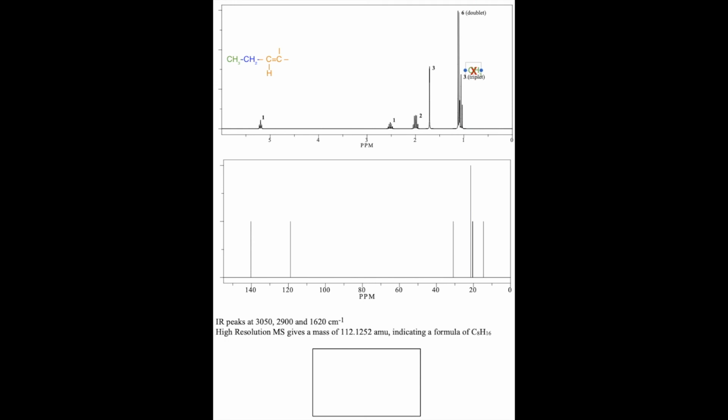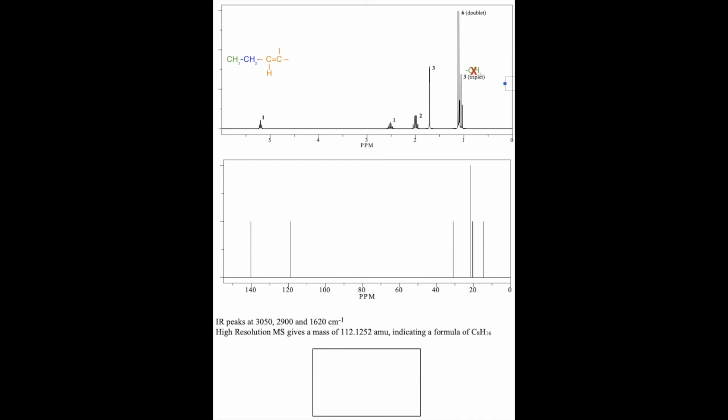All right, I next have this singlet here integrating for 3. That's not terribly informative, but what is that going to do for me? Well, it's a singlet. It means it's not really beside much of anything.